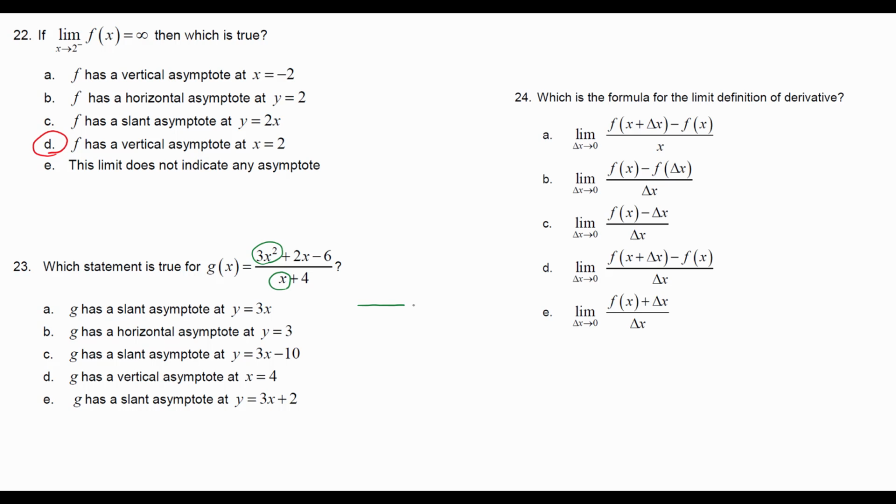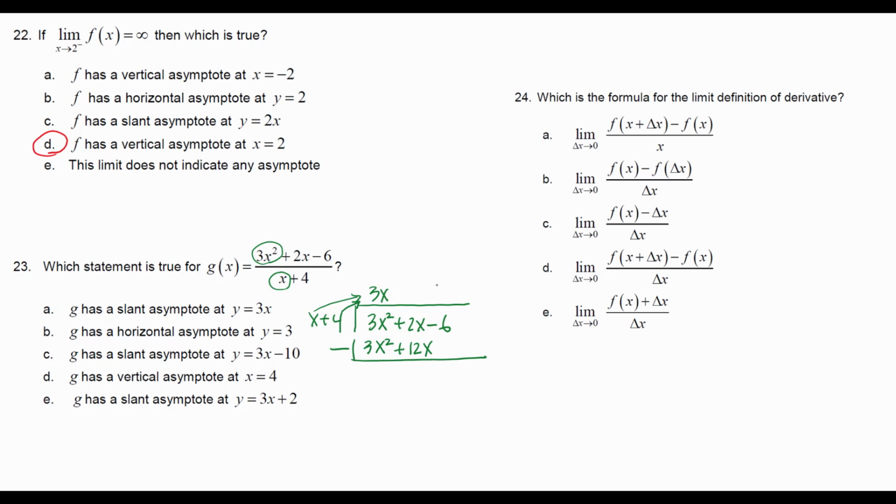So let's try the long division. I have the numerator 3x squared plus 2x minus 6 divided by x plus 4. When I divide, x goes into 3x squared 3x times. When you multiply, you get 3x squared plus 12x. Now we need to subtract.